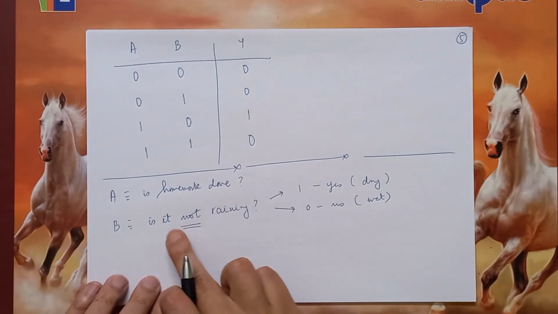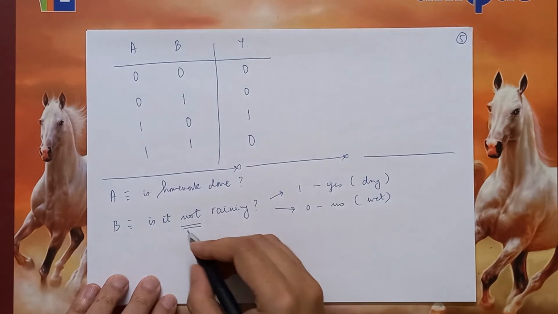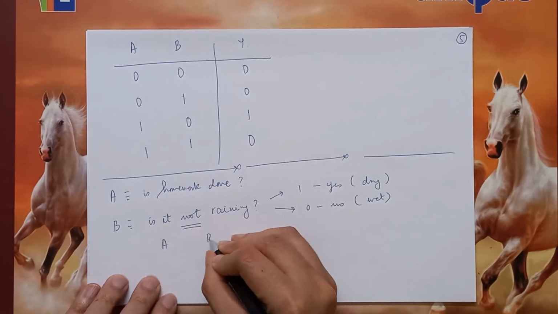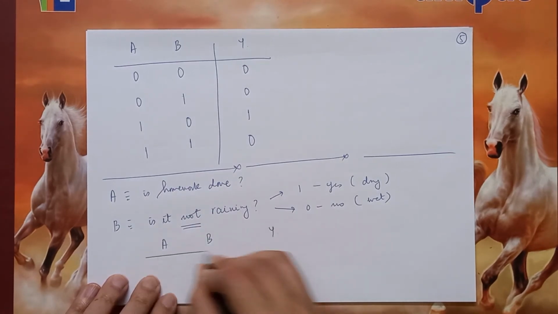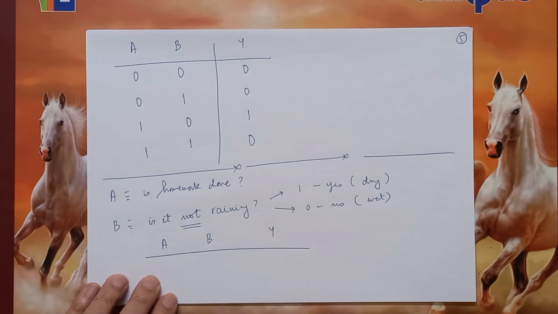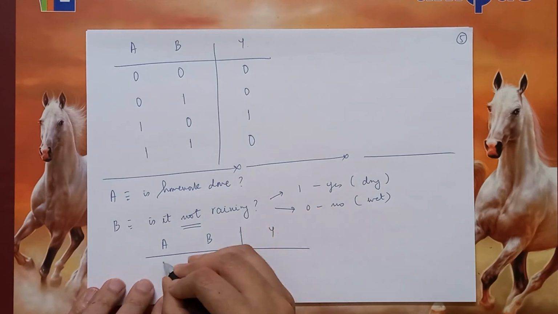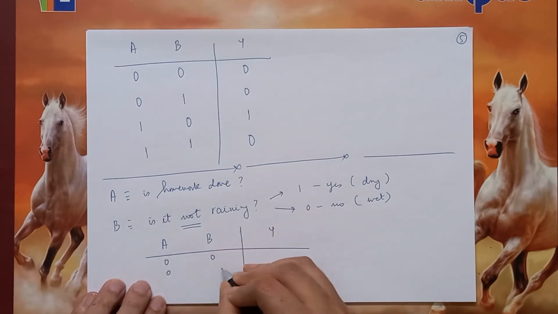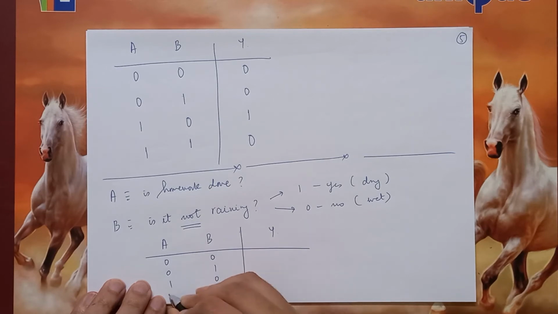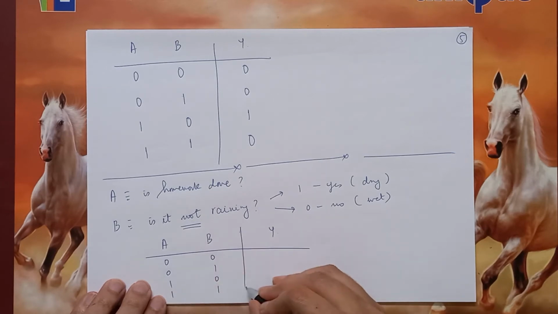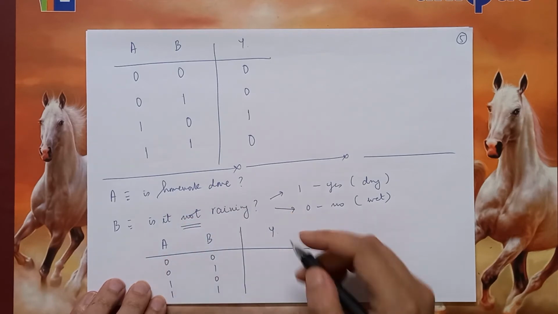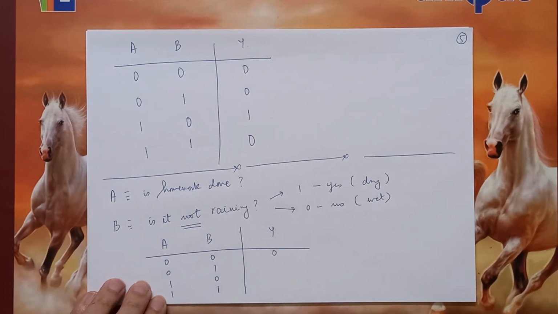So with this, if I redraw the truth table, this is what it will look like. Okay, so is homework done? No, so definitely I am not going for the movie. Here also homework is not done, so I cannot go for the movie.